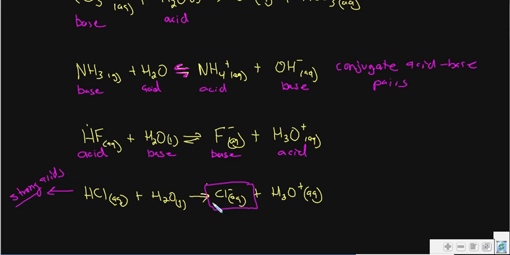So notice right here, we don't have an equilibrium expression. In the case of strong acids, you don't have a conjugate acid-base pair with the acid. There's no such thing as a conjugate acid-base pair if you're dealing with strong acids.